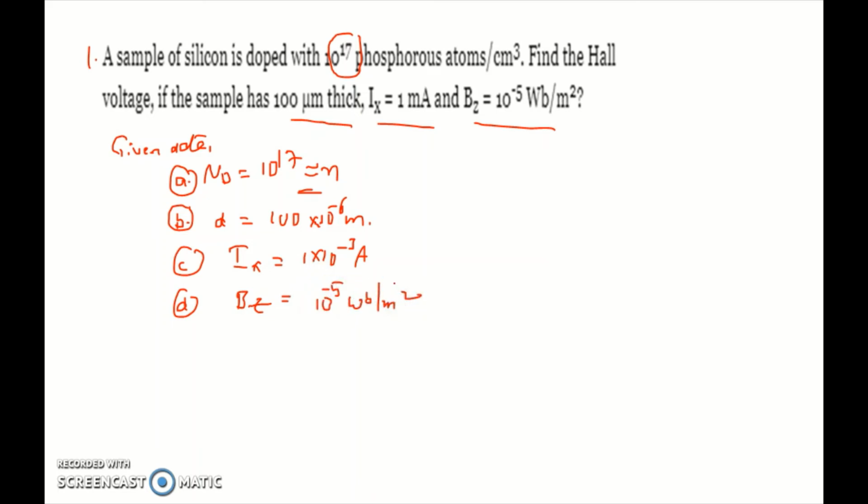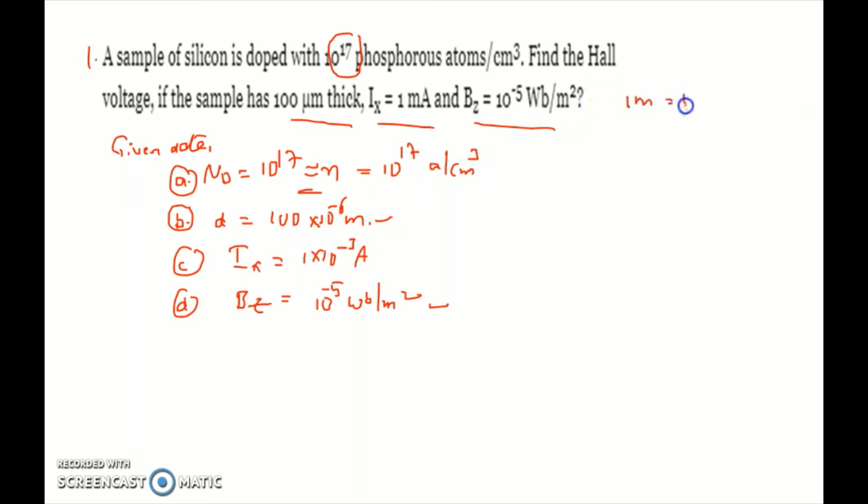meter square. If you understand here, all the things are given in meters. The thickness is in meters, and the magnetic field intensity is Weber per meter square. But the charge carrier concentration is given as 10 power 17 atoms per centimeter cube. So I have to represent this also per meter cube, because all the other things are represented in meters.